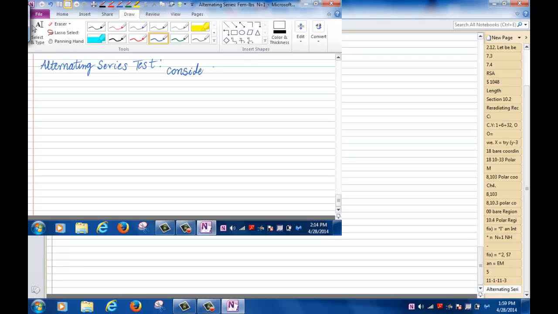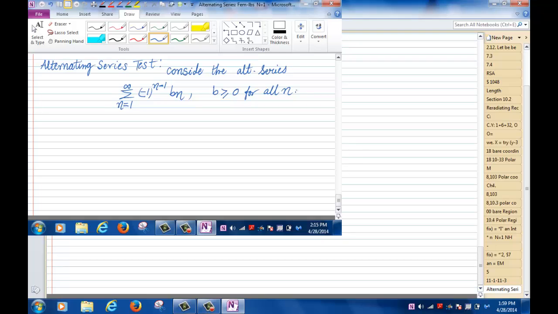Consider the alternating series given by the sum n going from 1 to infinity of (-1)^(n-1) times b_n, where b_n is non-negative for all n. So an alternating series always looks like this. You have (-1)^n, which keeps track of the alternating signs, multiplied by a positive term, like 1 over n.